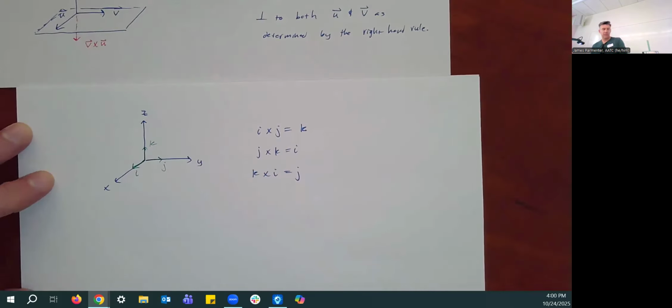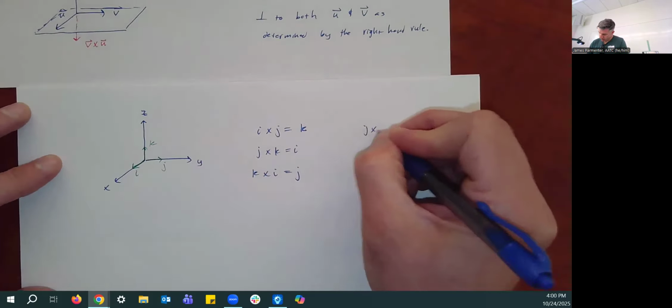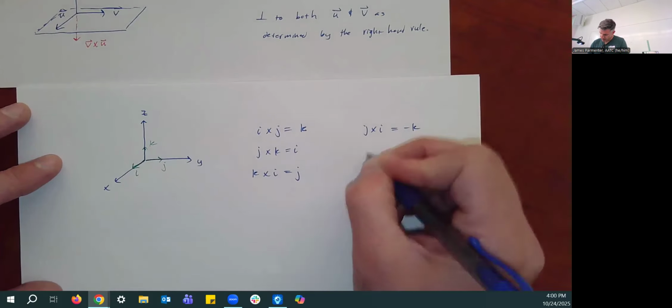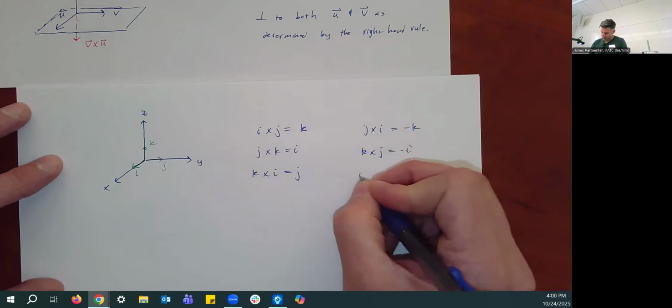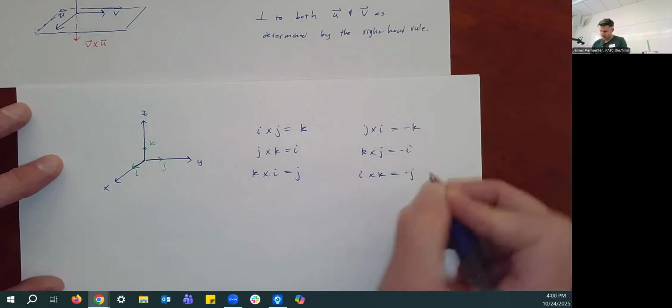And if you do it in the opposite order, j cross i is going to be negative k, k cross j is going to be negative i, and i cross k is going to be negative j.